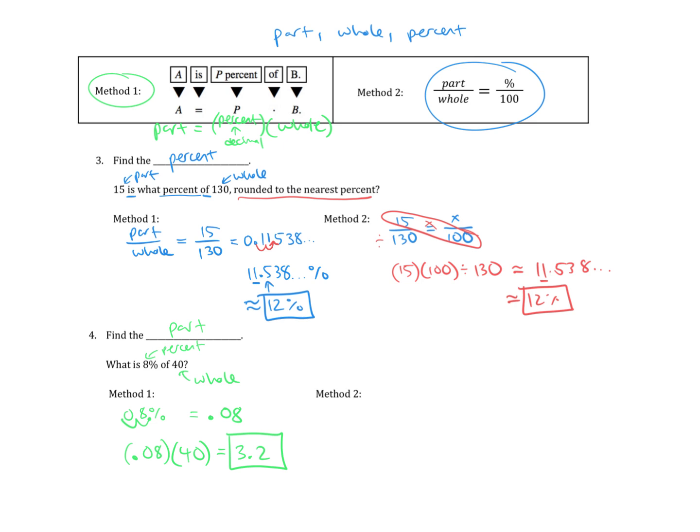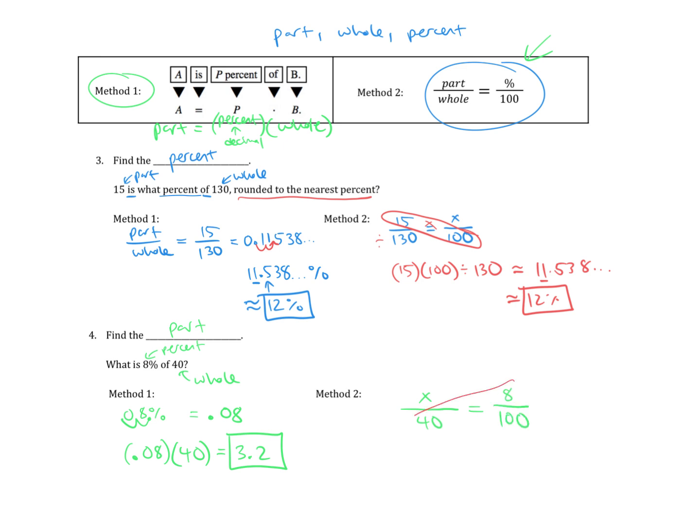Another way to do it is using the percent proportion. Part over whole equals percent over 100. In this problem, since we are missing the part, I'm going to put an X in the part spot. The whole is 40. The percent is 8, and the percent always goes over 100.